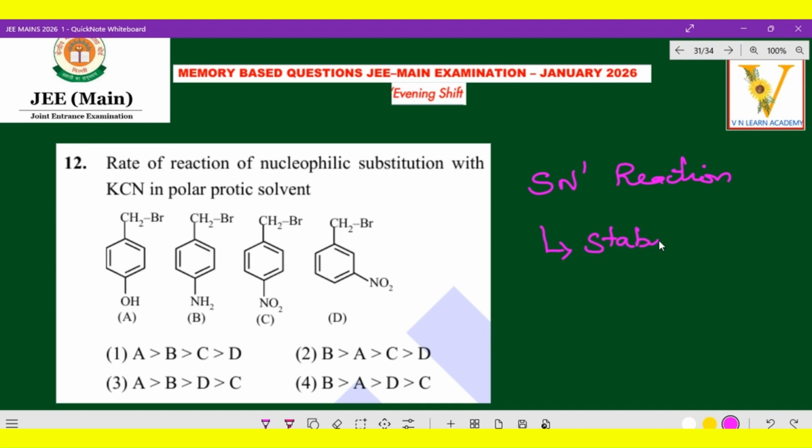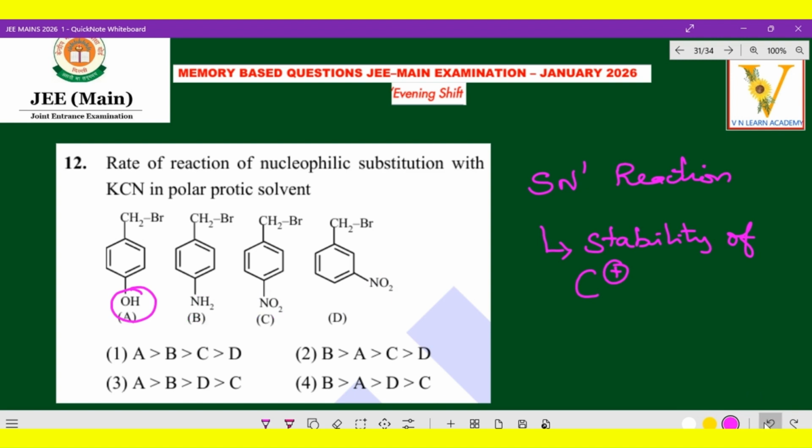As we observe, this carbocation intermediate is formed after the leaving group bromine leaves. Here this is OH, this is NH2, and NO2, and this also NO2, at meta position and para position.